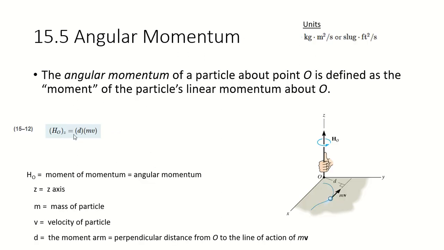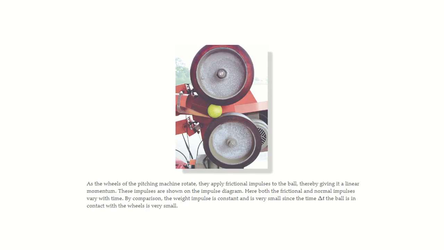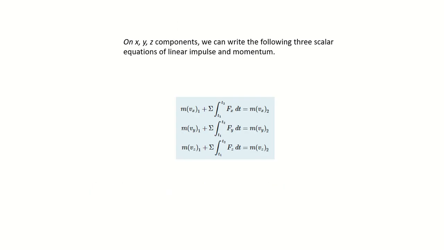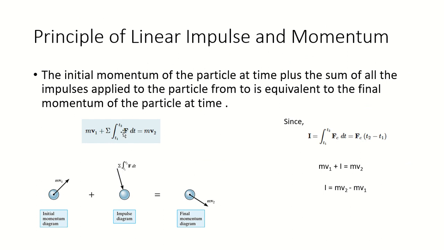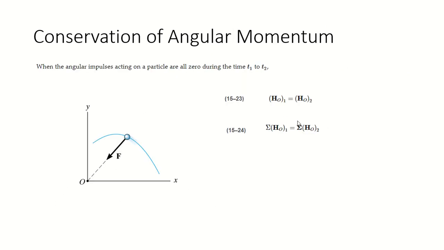Remember your angular momentum, and when we dealt with linear momentum, we talked about the impulse right here. So this is your linear momentum, your L, and your impulse is zero. Now we go all the way back to here, and your angular momentum is equal to your other angular momentum when the impulse affecting it is completely zero, meaning there's no impulse acting on that angular momentum, so your before and after are the same.